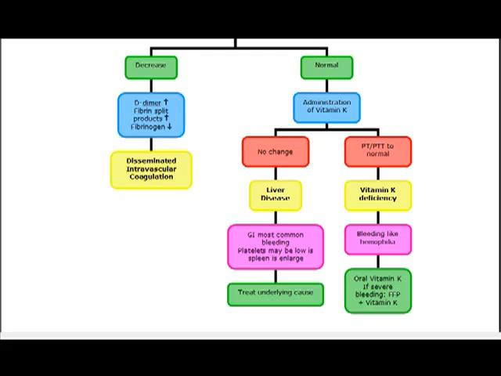The only clotting factors that aren't made in the liver are actually going to be factor 8 and von Willebrand's factor. But other than that, all your other clotting factors are going to be made in the liver.